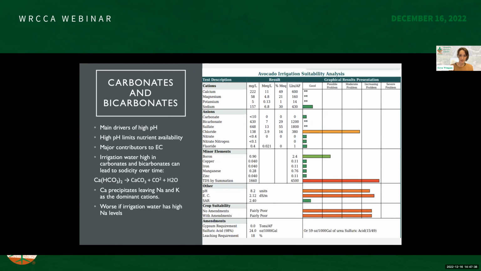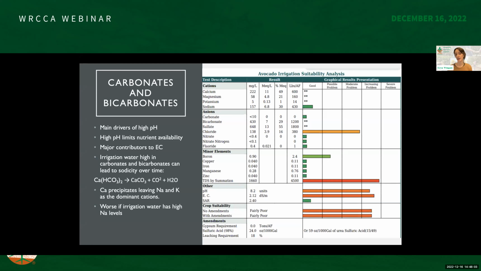When the irrigation water is high in carbonates and bicarbonates, those go into the soil, and in the soil they encounter calcium and react to form calcium carbonate, which has very low solubility, meaning once it precipitates out, it's hard to get it back into solution.